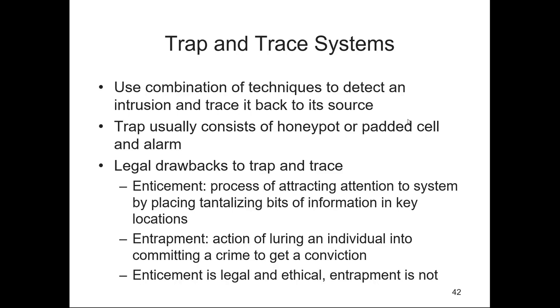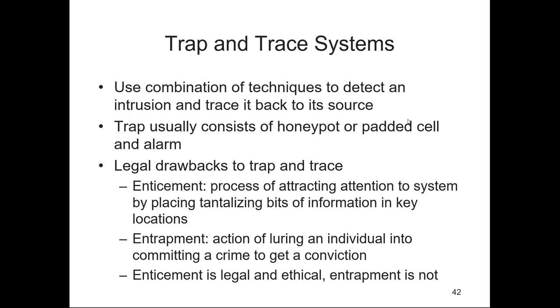Trap and trace systems use a combination of techniques to detect any intrusion and then to trace incidents back to their source. The trap usually consists of a honeypot or a padded cell and an alarm, while the intruders are distracted or trapped by what they perceive to be successful intrusions.